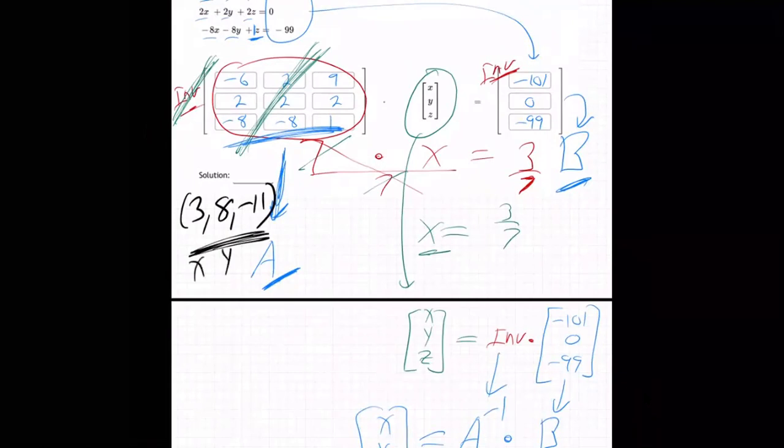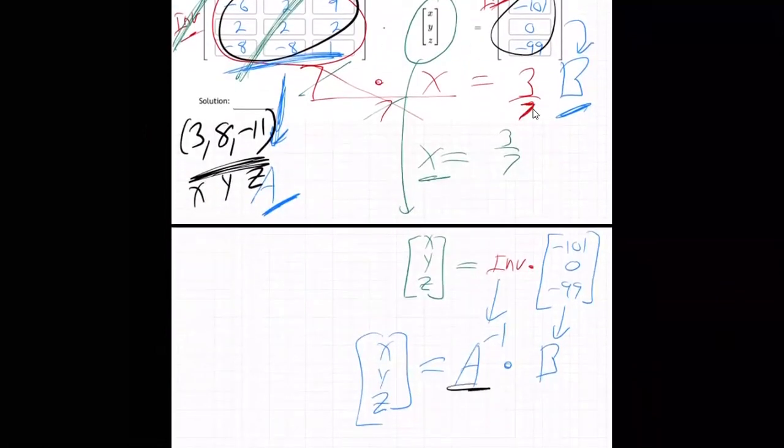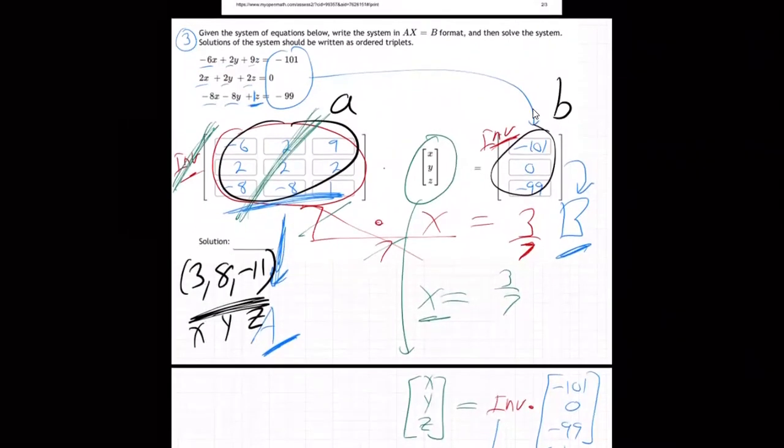That's X, Y, Z, 3, 8, negative 11, like that. Just like that. So in the end, what do you have to do? You got to put this in, call this matrix A, put this in, call this matrix B, and then the answer is just A inverse times B. That quick, and you've got X, Y, and Z. There we go.